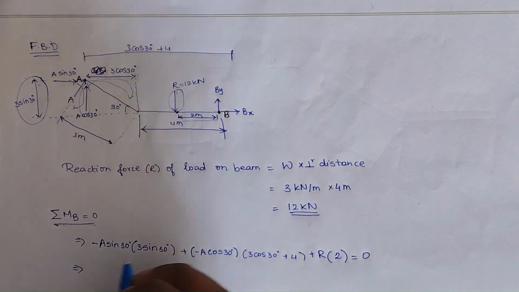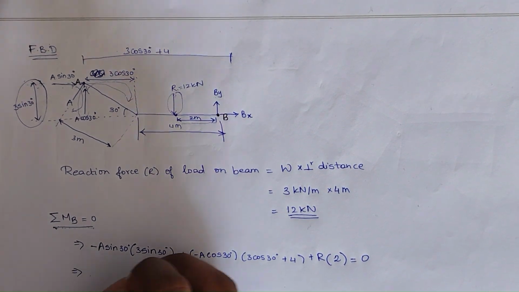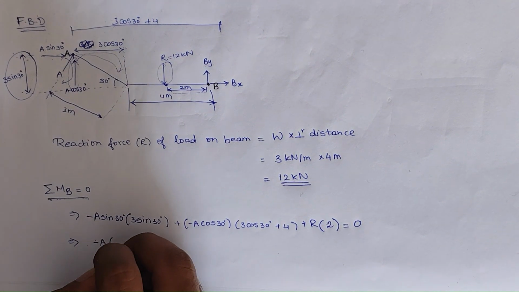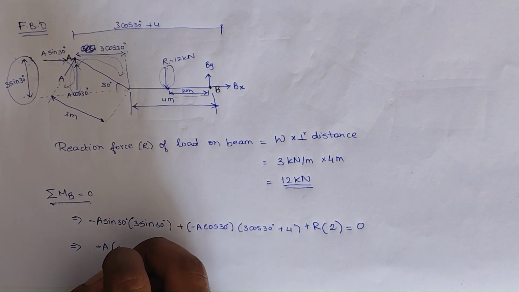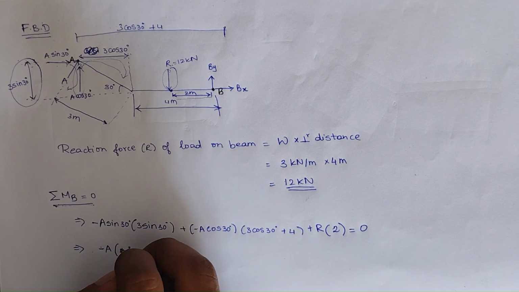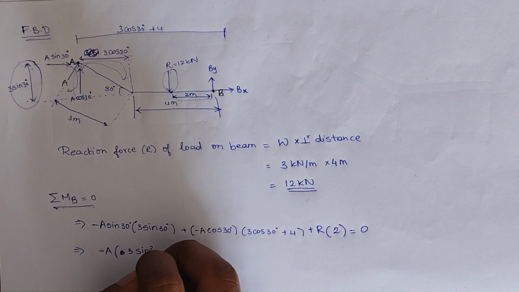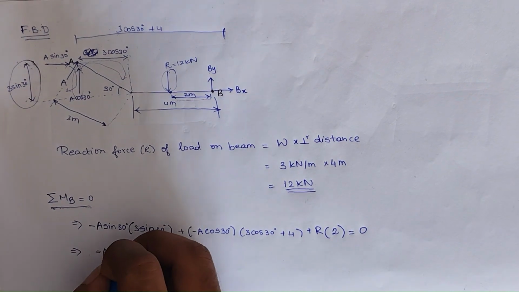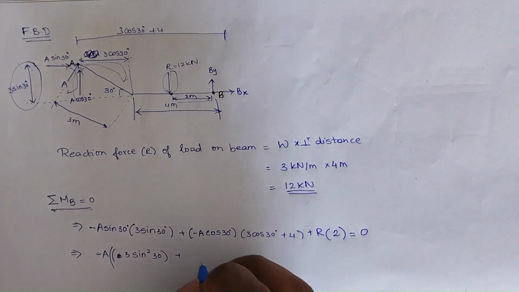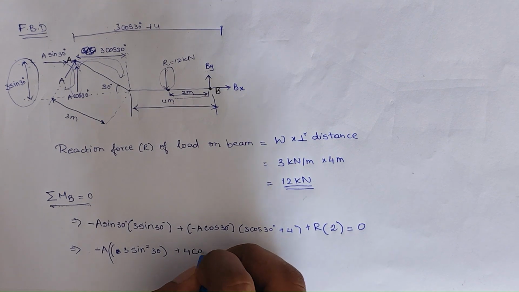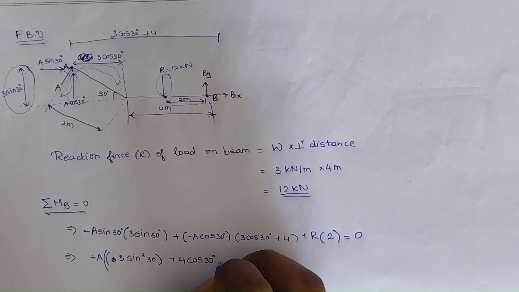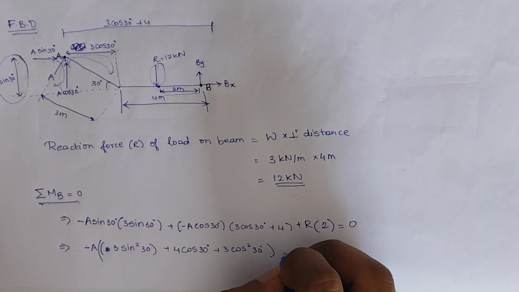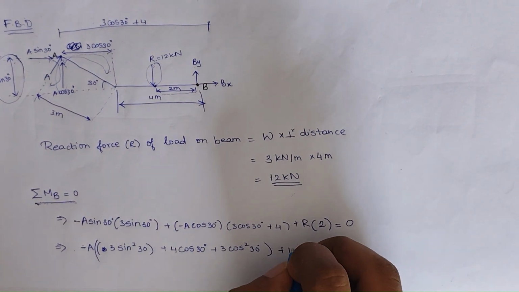Now the normal mathematics. Take A as common, so minus A into 3 sine square 30 plus 4 cos 30 plus 3 cos square 30, plus R, which is 12 into 2.